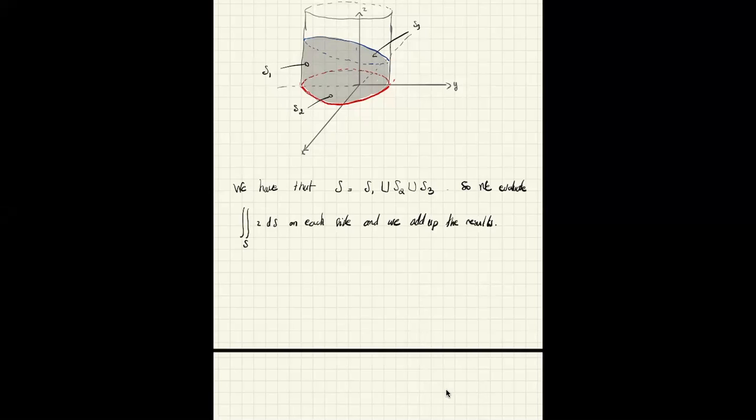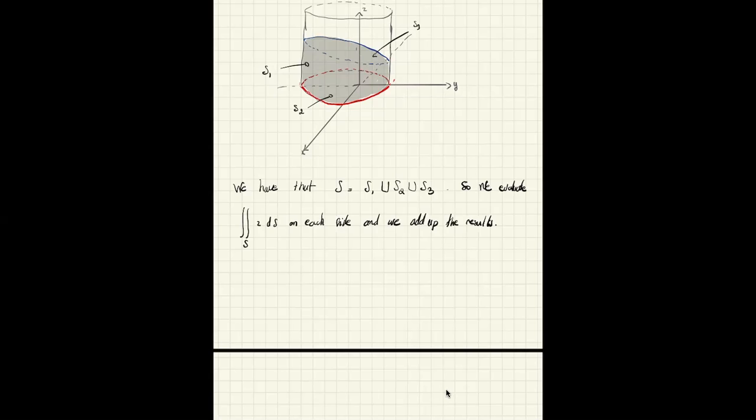So that's the way it is done. If you have a surface, there is a union of 3 or 4 or whatever number of surfaces. However many surfaces you have, you've got to do it on each side, and then you add all of these up. So you have to go slowly.